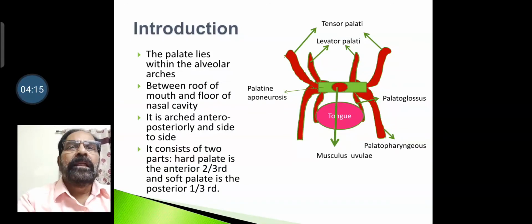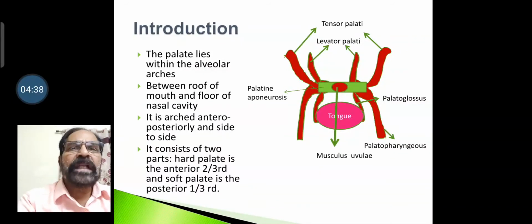Then we go to the soft palate. The palate lies within the alveolar arches. That is, it is between the roof of the mouth and floor of the nasal cavity. It is arched anteroposteriorly and also side to side.